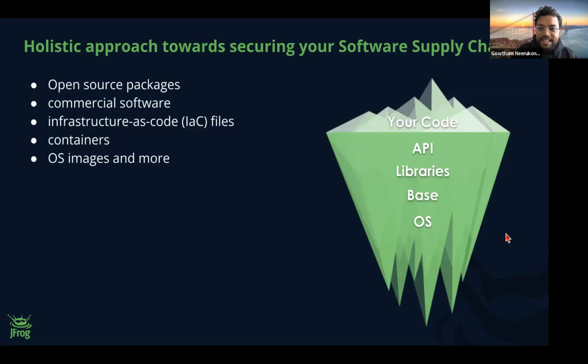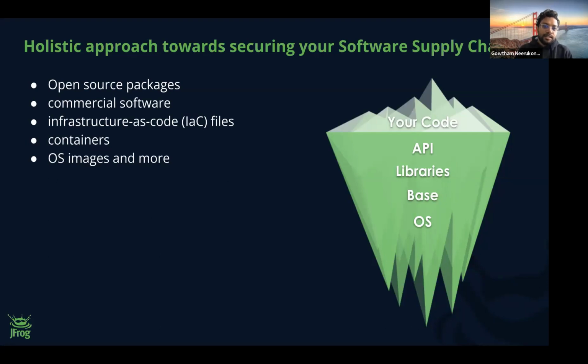Again, we see here that your software supply chain contains many other entities apart from your own proprietary code or the custom business logic that you might be developing. It can contain open source packages, APIs, libraries, frameworks, base OS layers, application frameworks on top of which your app might be running.